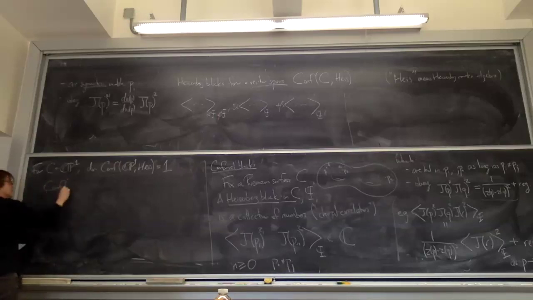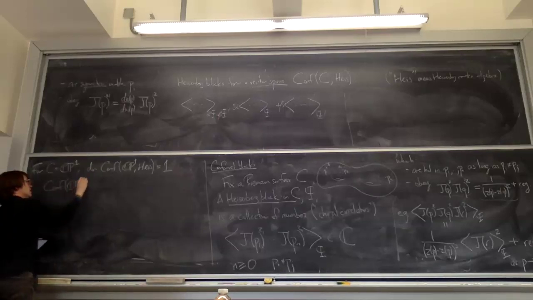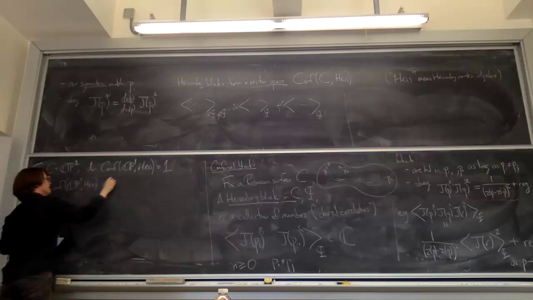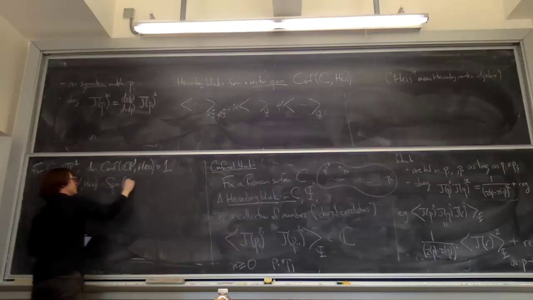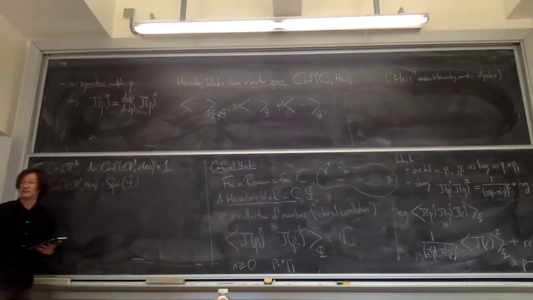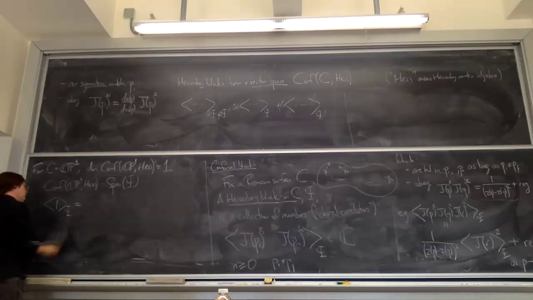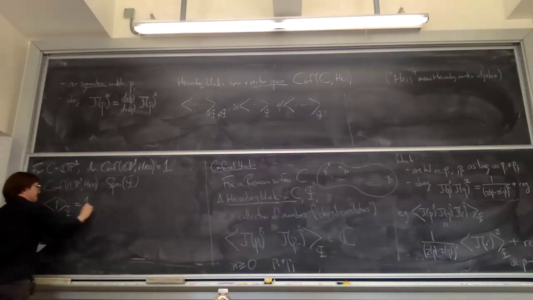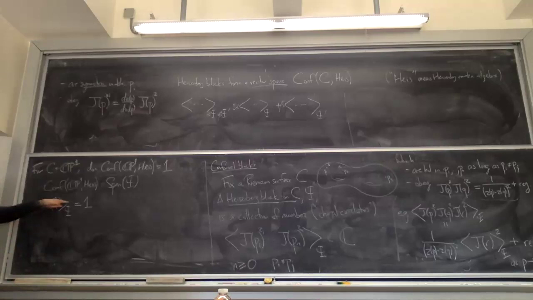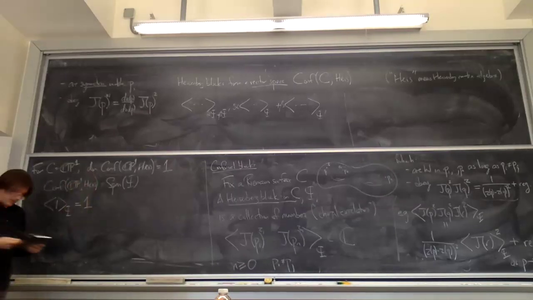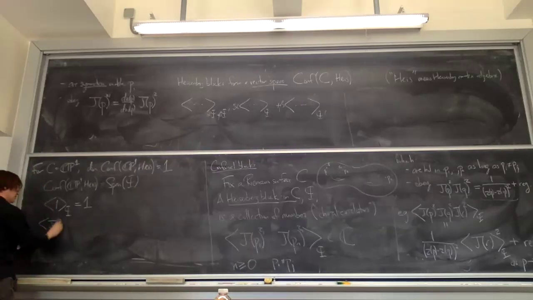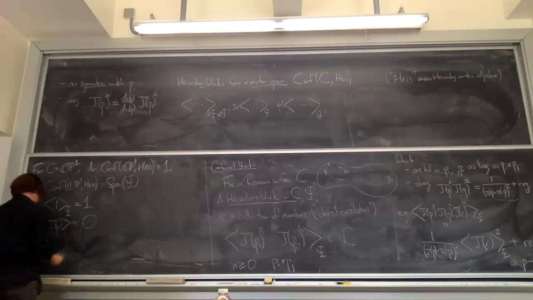So let me tell you concretely what the conformal block is. The space of conformal blocks is spanned by a single psi. To specify what psi is, I'll fix the 0-point function to be 1. Once I specify that, I've uniquely specified the block. And now the rest: the 1-point function of J, in this case, is just 0.